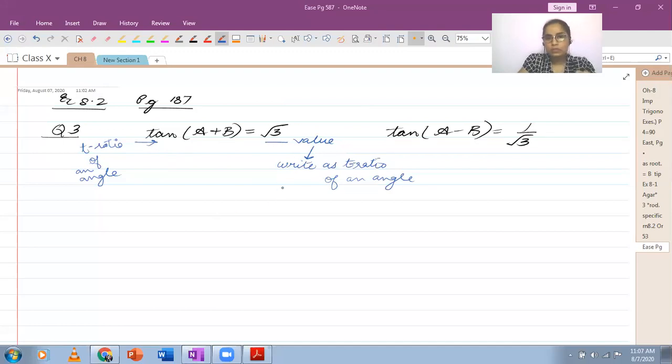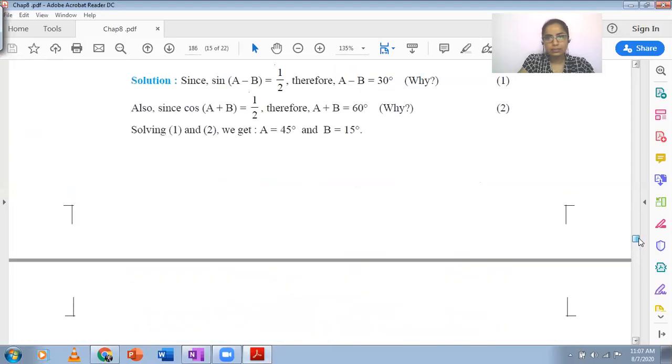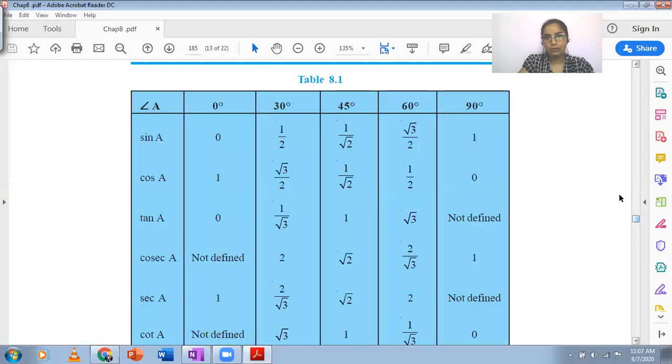So from the table of values that we have, can you identify if we have any value root 3 for tan? So you could just go back to the table of values in your book on page number 185. This is the table that we have.